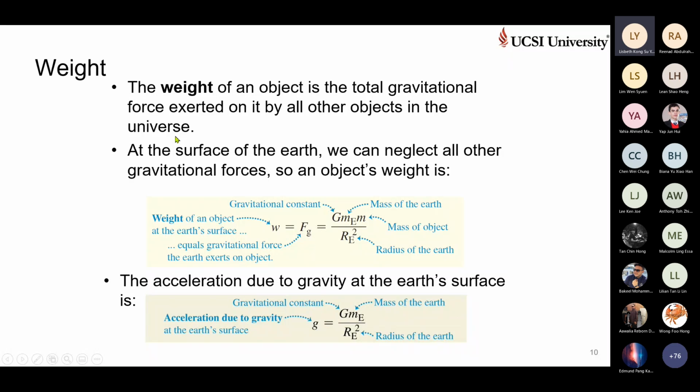We measure on earth, any object that you measure on earth is due to gravity. You cannot ignore gravity. At the surface of the earth, we can neglect all the other gravitational forces. So the weight of the object is given by mass times g, mg is the value.